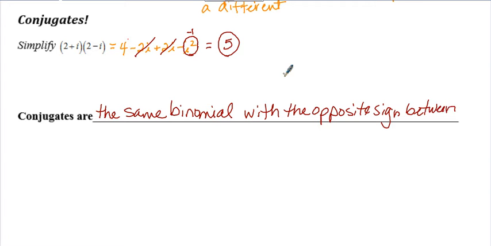Remember that by changing the sign in the middle, you're creating the conjugate. Do not change the sign of the first term. Only the middle, only that last term changes signs. These are conjugates of one another. We are going to use conjugates to rationalize denominators or make denominators into rational numbers. So let's see what that looks like in the group practice.